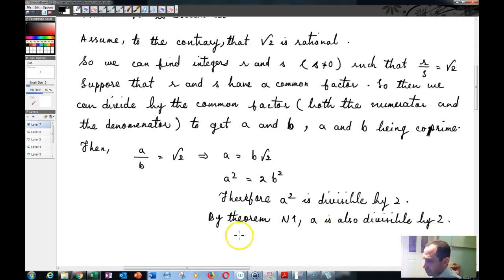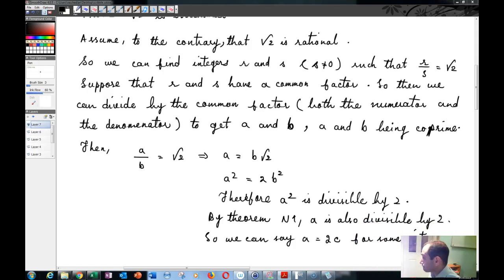So we can say, since a is divisible by 2, I can write a as 2c, for example, for some integer c.